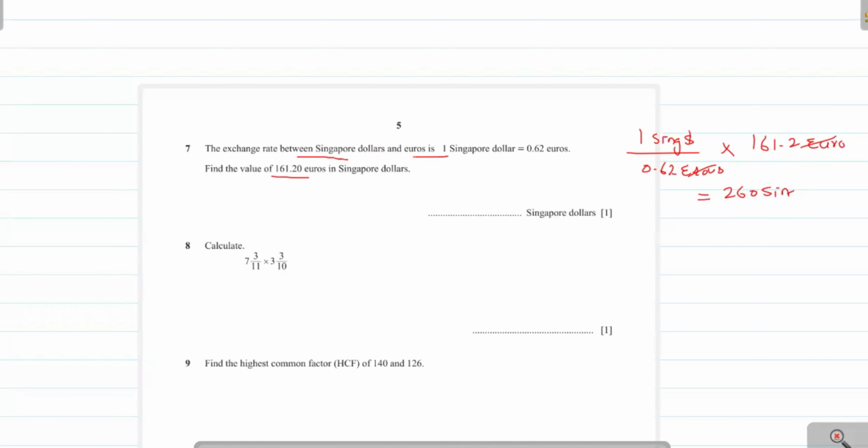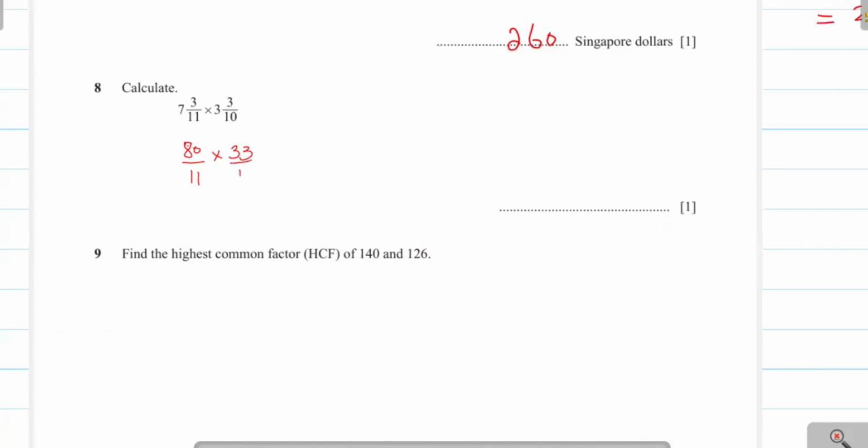Next is question number 8. In question 8, calculate 7 3 over 11 multiplied by 3 over 10. Firstly, we convert this mixed fraction into an improper fraction. Therefore, 11 times 7 is 77 plus 3, that's equal to 80 over 11. Multiply, 10 times 3 is 30, 30 plus 3 is 33 over 10.